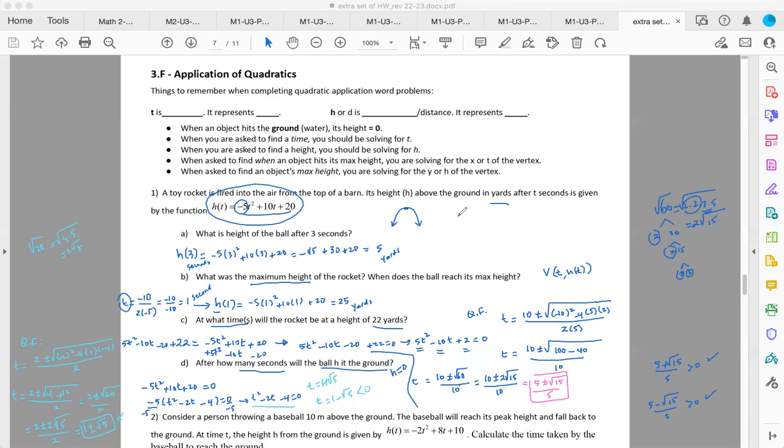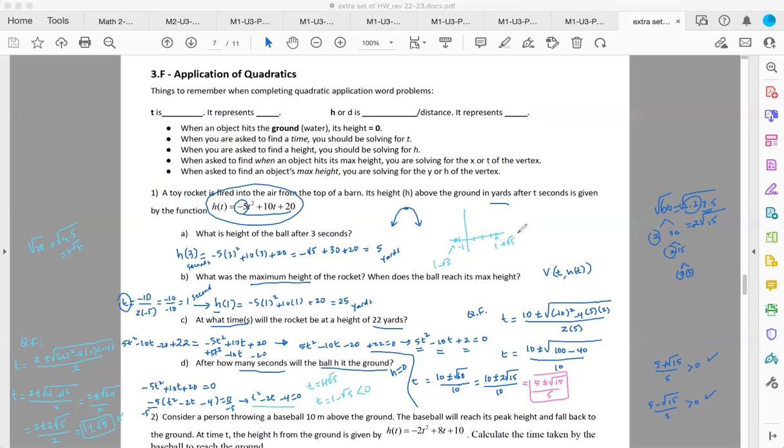So if this was graphed, you'll be at the ground somewhere here maybe. Negative root 5 is 2 point something, right? 1 minus that is negative 1 point something, so it's a little bit left of negative 1. And 1 plus root 5 is a little bit past 3. So this point here is 1 minus root 5, and this point here is 1 plus root 5.